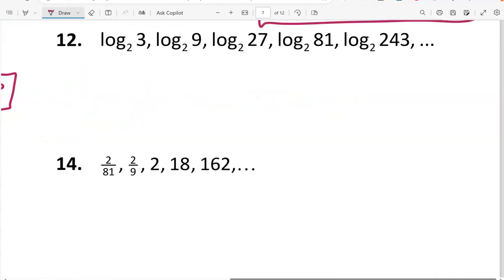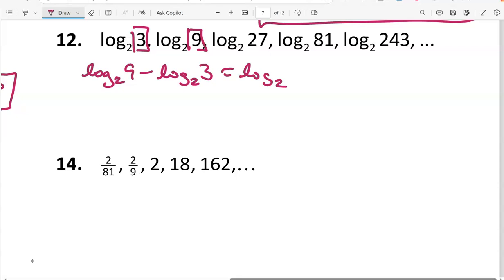In number 12, we have some logarithms. Now, if you look at the arguments of the logarithms, they form a geometric progression. 3 times 3 is 9, times 3 is 27, times 3 is 81, etc. However, the logs themselves are referring to the exponents. And so what we can say is that, for instance, log base 2 of 9 minus log base 2 of 3, that's our difference between the first and second terms, is log base 2 of 9 divided by 3, which is log base 2 of 3.